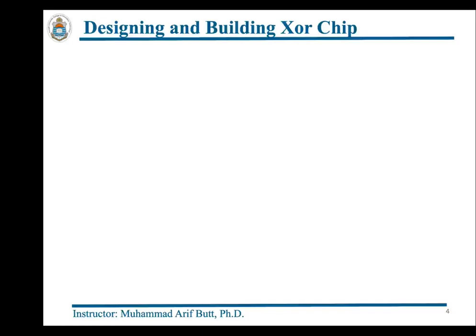Well, dear students, an XOR chip is a logic gate having two input bits and one output bit. The behavior of an XOR gate is that the output is 1 if one and only one of its inputs is 1.